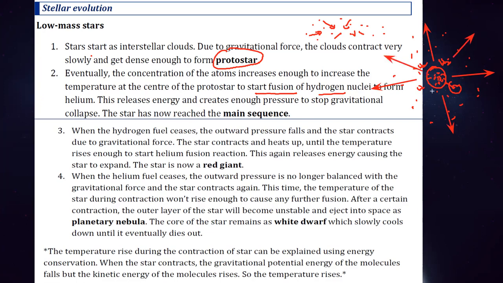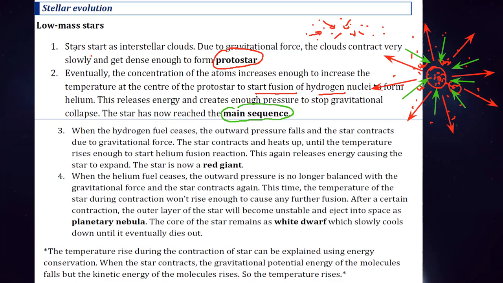That radiation pressure balances with the gravitational force, because of mass there will be a gravitational force. It stops the star from changing its size, and that star is known as the main sequence star.